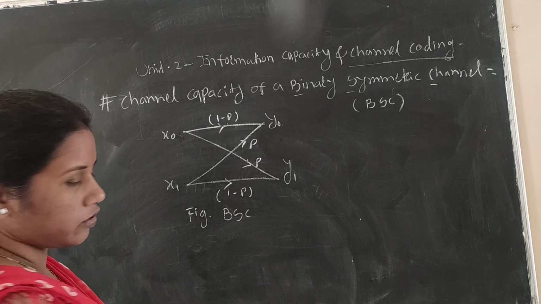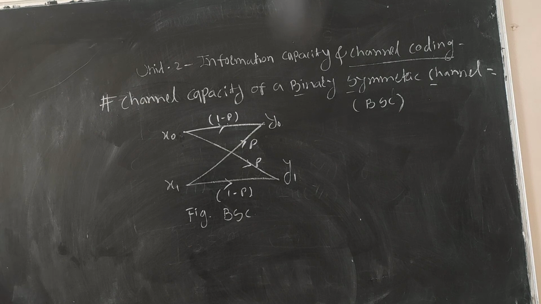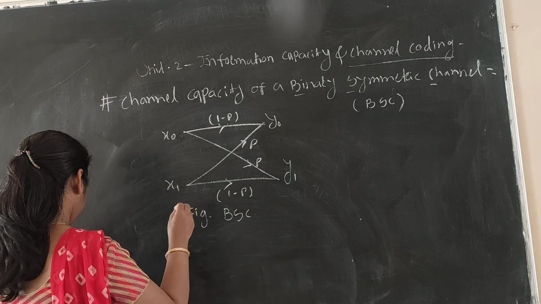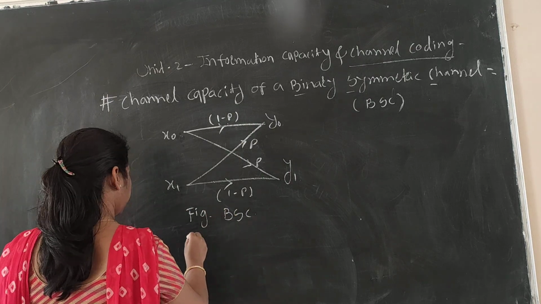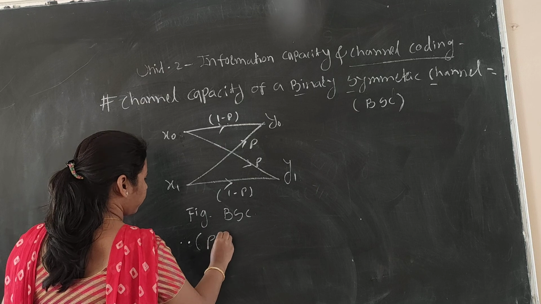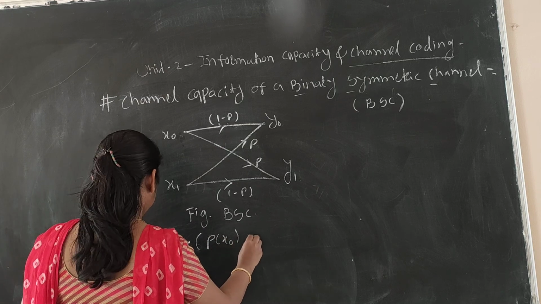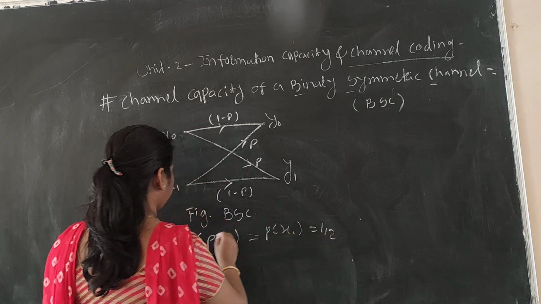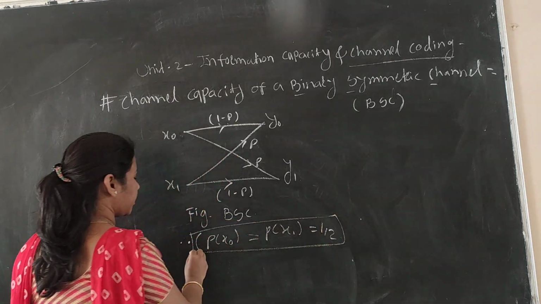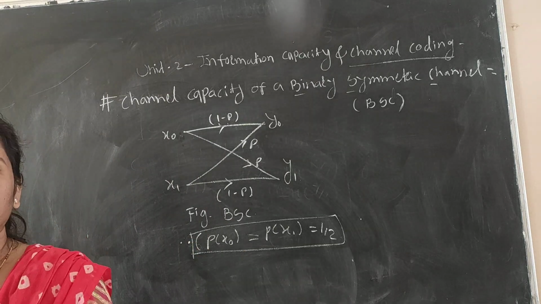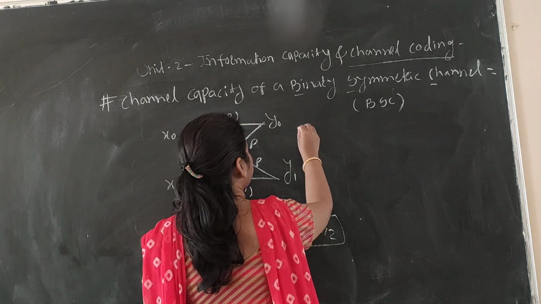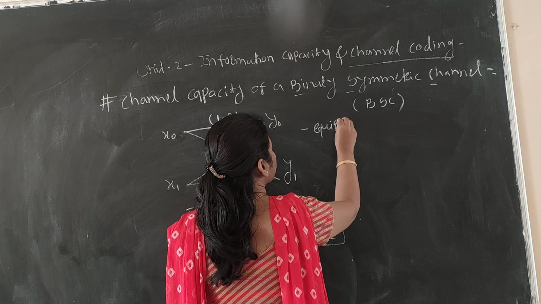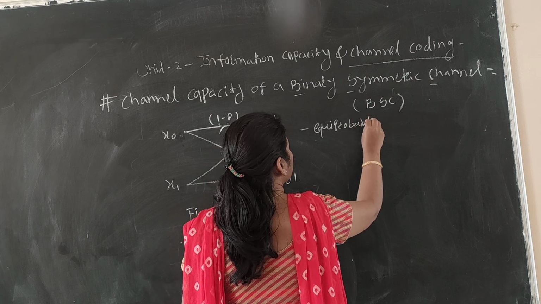Now see the equation for this binary symmetric channel. As these are equiprobable, P(x0) = P(x1) = 1/2. That's why it is called the symmetric channel, having probabilities of equiprobable relation.